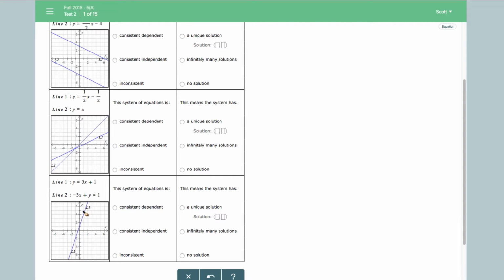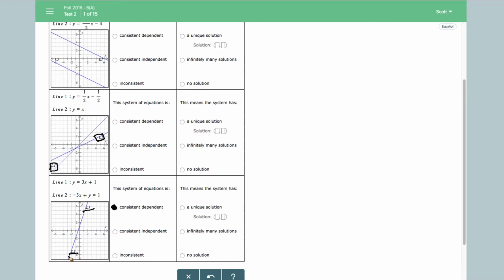And we can tell that by right there and right there. So see here, that was line 1, and the other one down here was line 2. Well, here it's telling us that they're the same line. So if I move line 1, well, line 2 is going to go with it because they're the same thing. They are dependent on each other. Just like that. Dependent on each other.